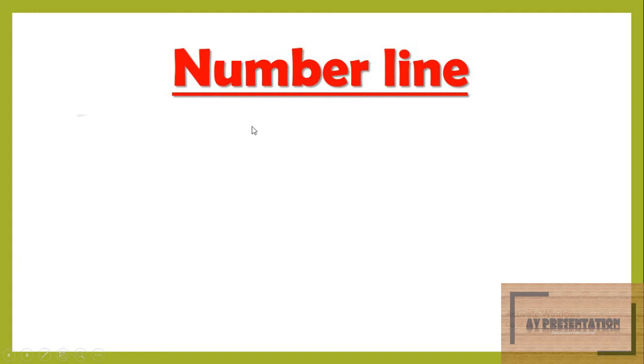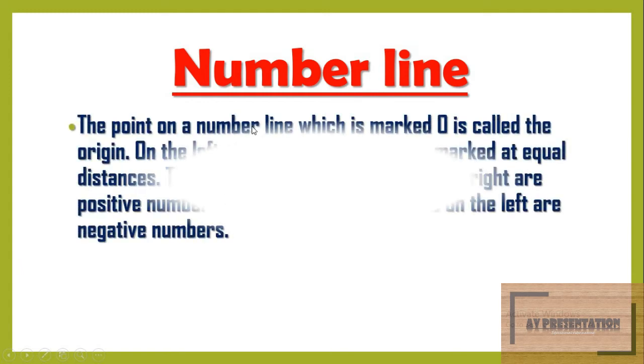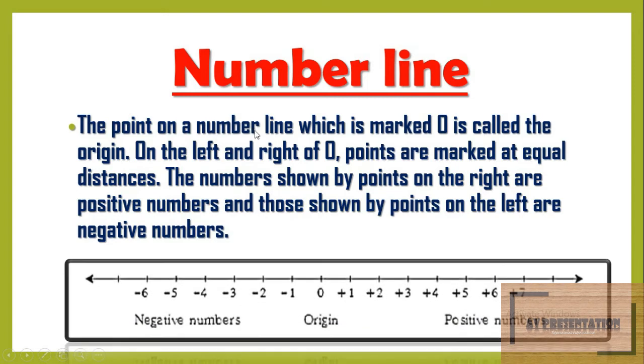Now next point, number line. The point on the number line which is marked O is called the origin. On the left and right of O, points are marked at equal distance. The numbers shown by points on the right are positive numbers and those shown by points on the left are negative numbers.